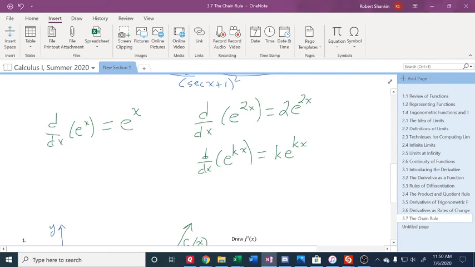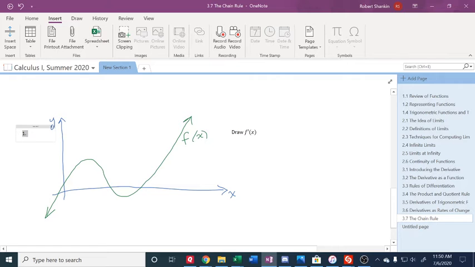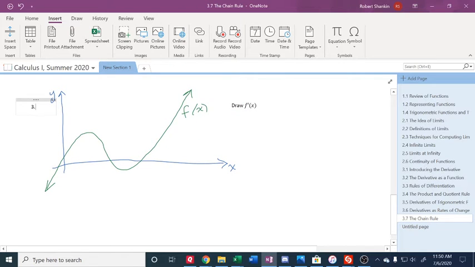All right, let's go to number 3. There's a drawing of f of x, and on the same grid, draw f prime of x.